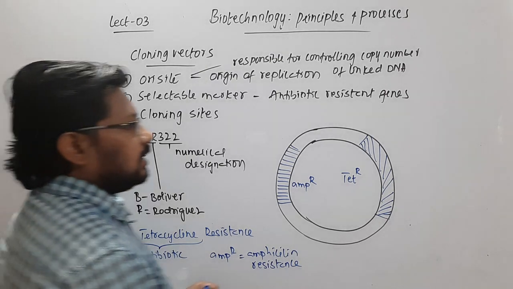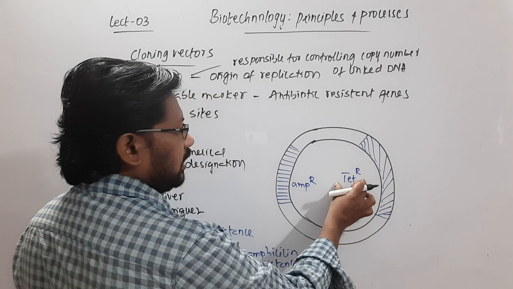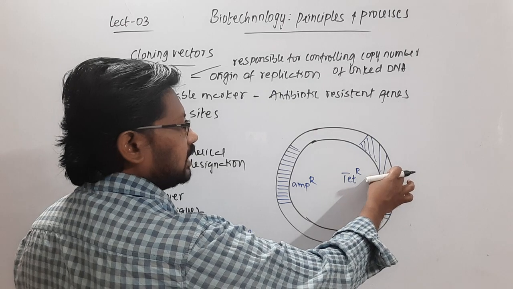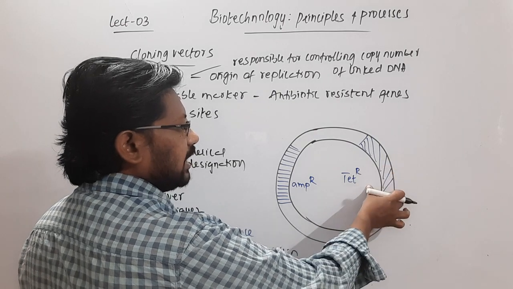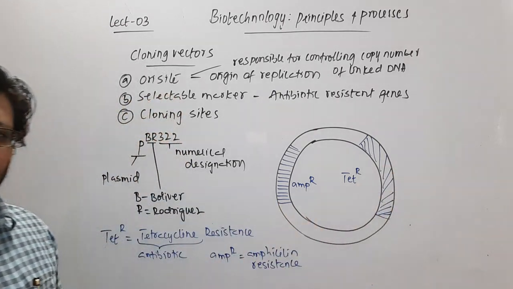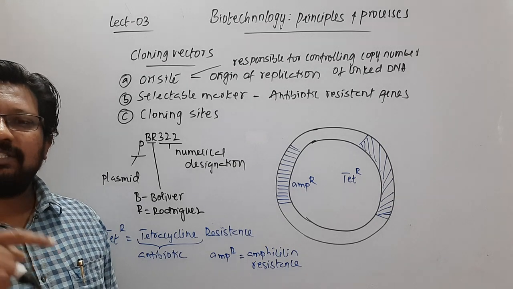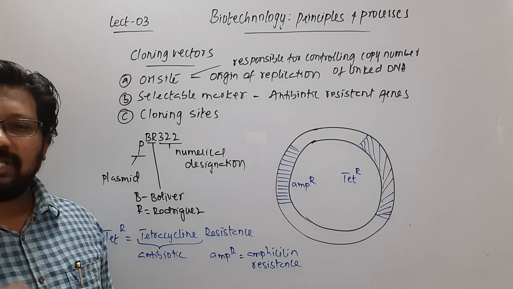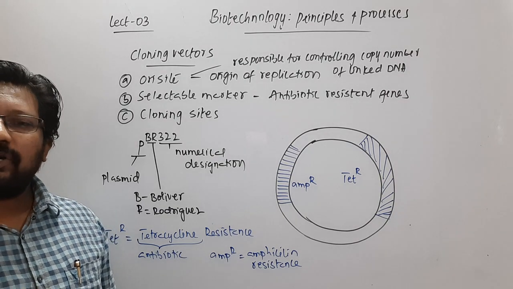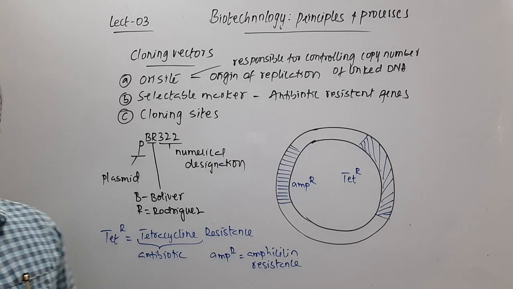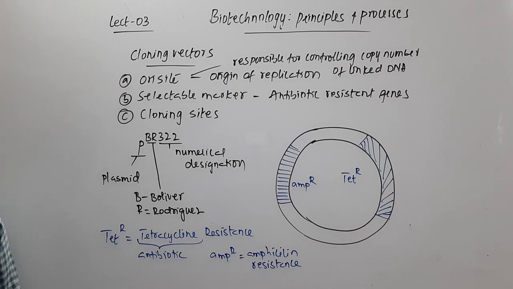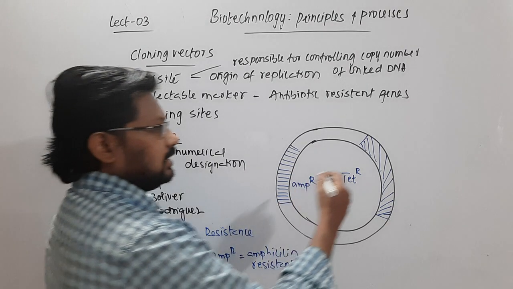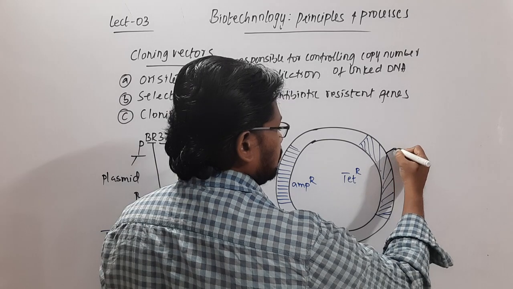Now how are they going to act as selectable markers? This tetracycline resistance gene has certain restriction sites, which means the locations where restriction enzymes, restriction endonucleases, are going to cut. In this tetracycline resistance gene, there are two restriction sites.